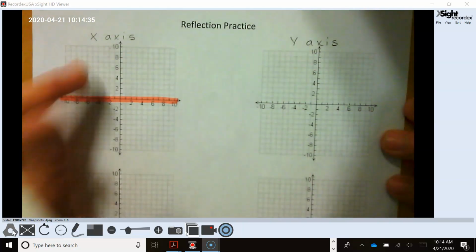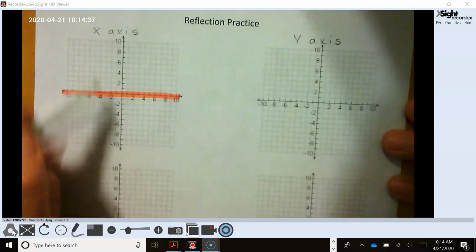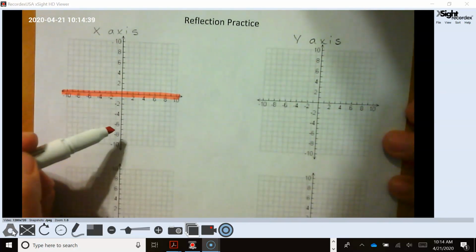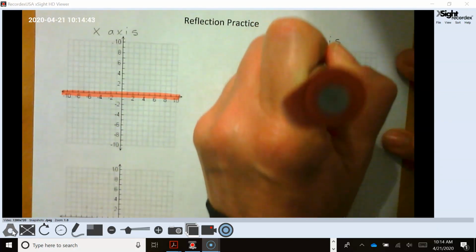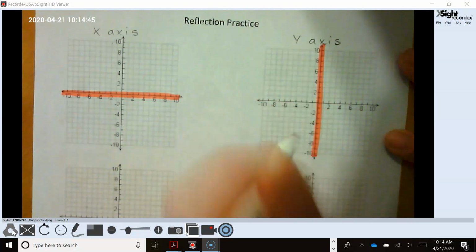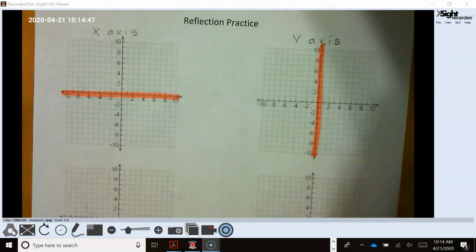When we reflect a point over the x-axis, that's the line it jumps over. The y-axis is the vertical axis, and when a point is reflected over the y-axis, it either moves left or right.